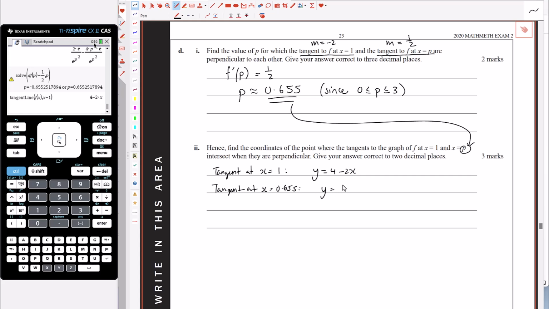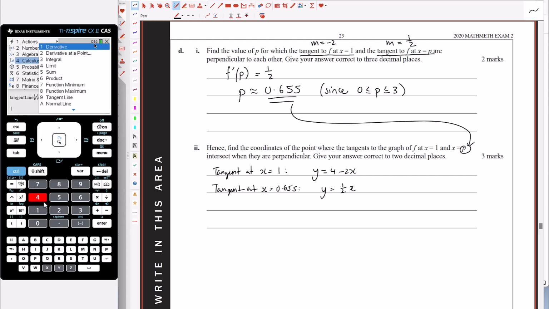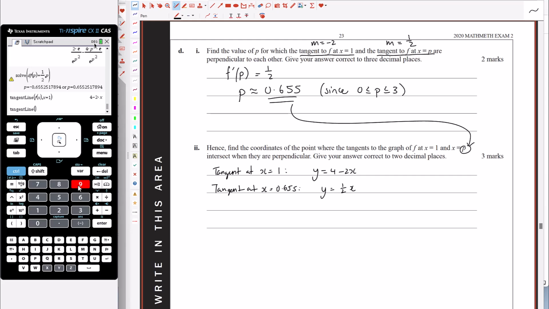We know it's going to be y equals 1/2 x and then plus something. So I'm going to try to see how this will go exactly. Let's see how we go. Menu 4, 9, tangent line to f of x, comma, when x equals this number that I worked out up here. So I'm going to take that, I'm going to change the p to an x.